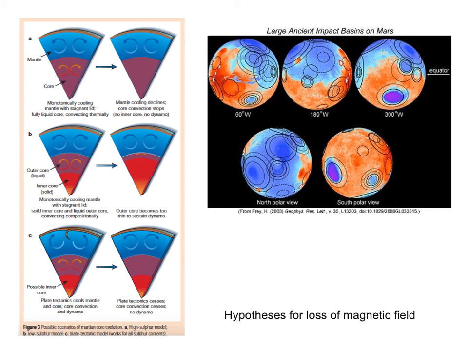But clearly Mars lost its global magnetic field 4 billion years ago, either because the core just ran down and cooled off, or it's possible that some of these mega impacts basically disrupted the heat balance between core, mantle, and crust in such a way that basically shut off the dynamo and would have led to the loss of the magnetic field.